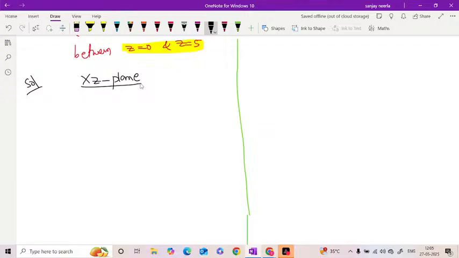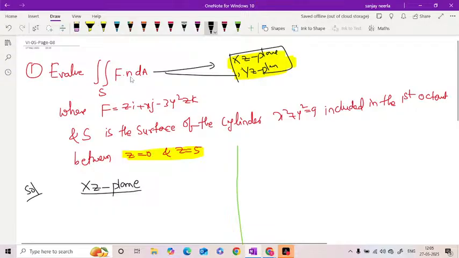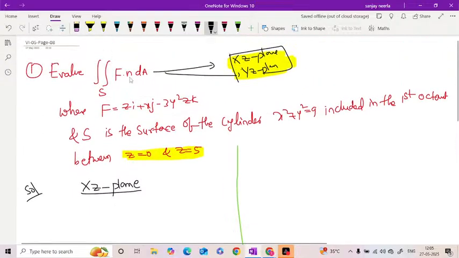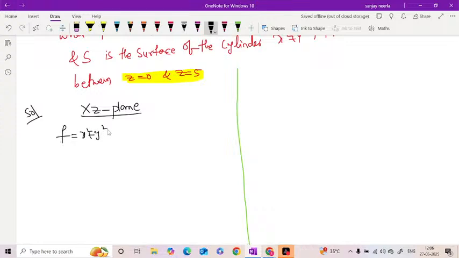If it is the xz plane, now what is our unit normal vector? How can we find the unit normal vector? Here f is equal to x square plus y square minus 9. So for finding n, n is equal to the gradient of f by its magnitude.